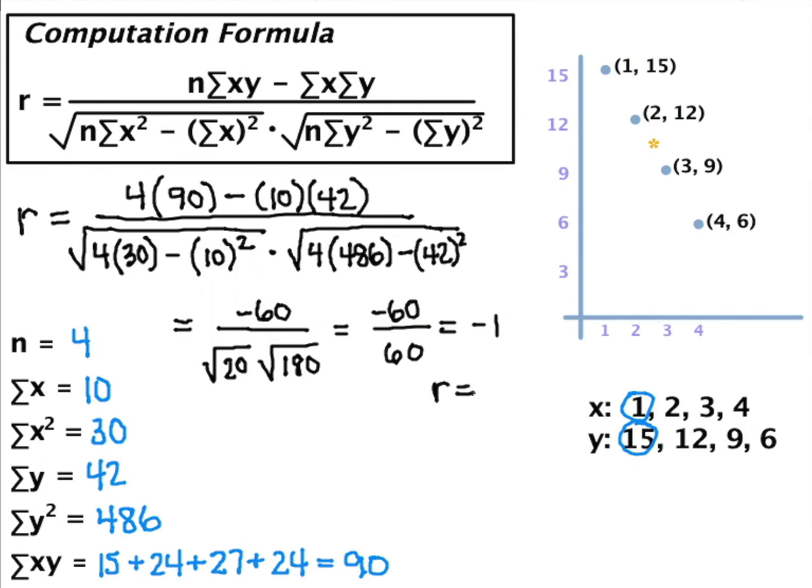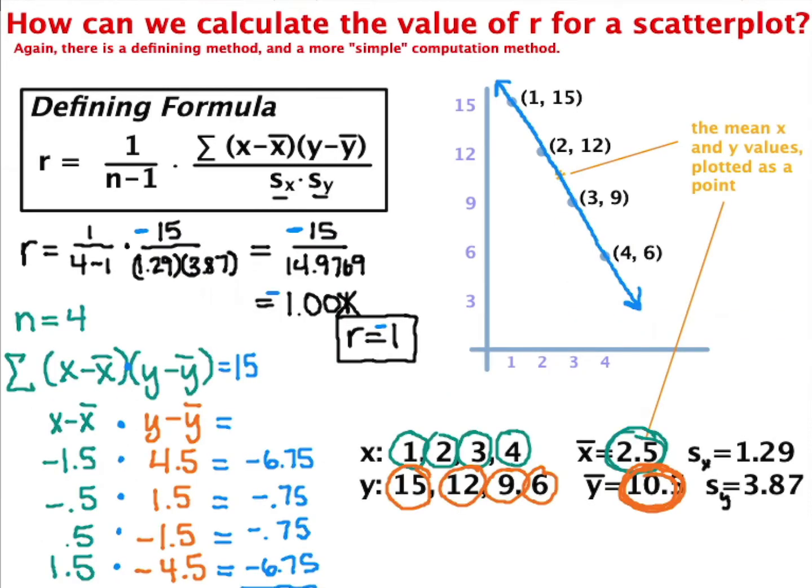How satisfying is that? We have a correlation coefficient of negative 1, and it actually came out perfectly to negative 1 this time. Do you know why this one didn't come out perfectly? It was really the fault of those standard deviations. Those were rounded. I took those off the calculator and I didn't use all the decimal points.